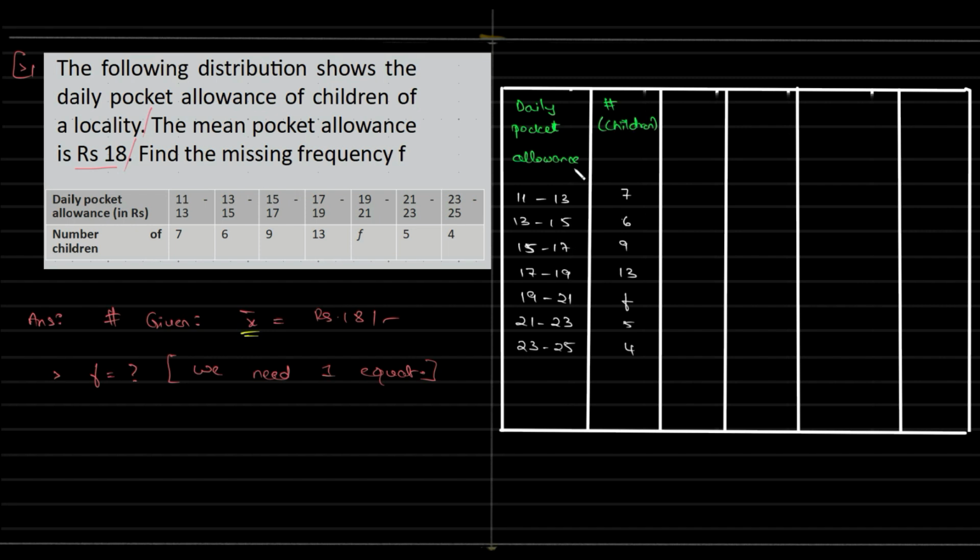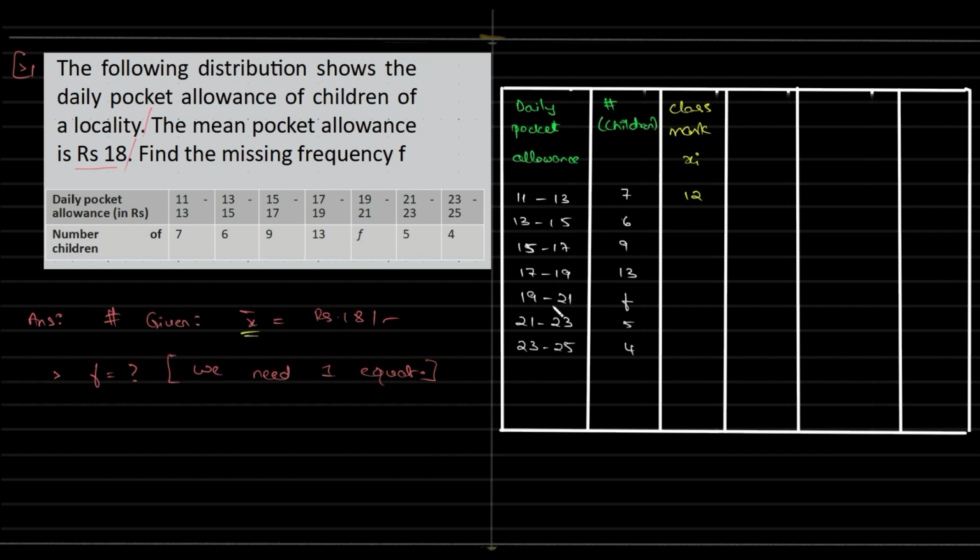So the very first step is finding the class mark, which is derived from your daily pocket allowance column. So we have xi. The middle number of 11 and 13 is 12. The average of 13 and 11 is 12. Now look at the class intervals.